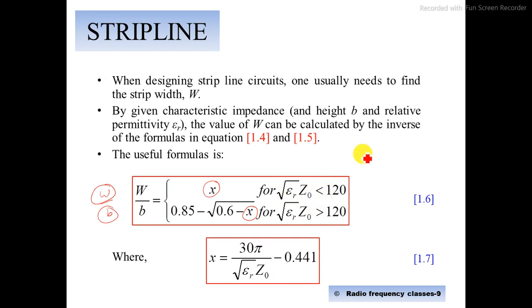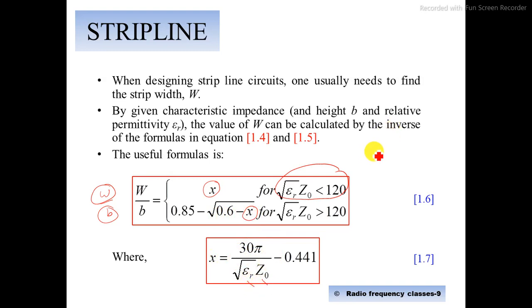For a particular design, if the question asks to calculate W by B, you have to check this condition: square root of epsilon R times Z naught, where epsilon R is outside the root. Z naught value is given, and you have to find this particular multiplication. If it is less than 120, then W by B equals X. If it is greater than 120, then W by B equals 0.85 minus the square root of 0.6 minus X. X we can calculate because we know the epsilon R value and the Z naught.